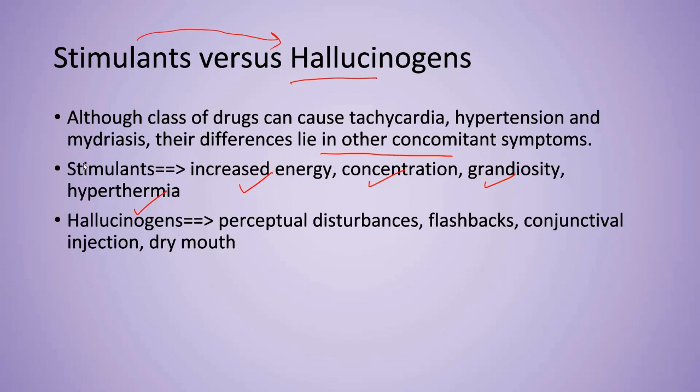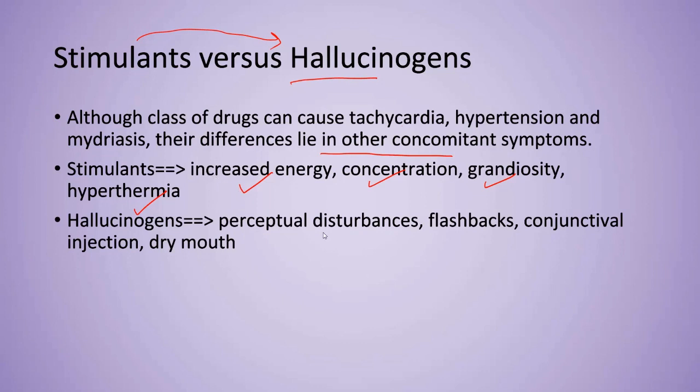But don't be surprised if you see someone using LSD who is getting tachycardic, or someone who's using maybe PCP and getting hypertension or something like that. Remember that stimulants are not called stimulants only because of increased sympathetic activity. It's because of their effect on the CNS. They stimulate your mind.